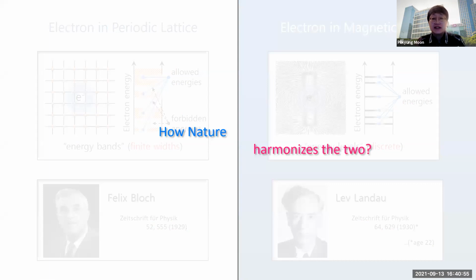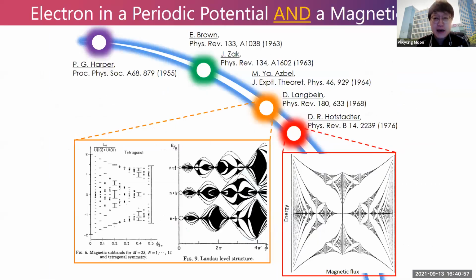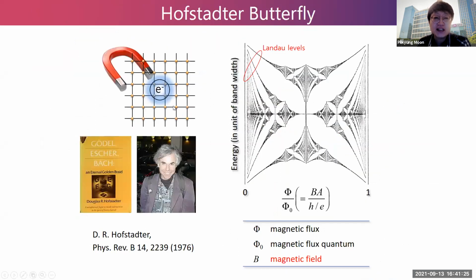In fact, this has been a topic of long debate and scientific inquiry since the early days of condensed matter physics. And people soon realized that something weird happens if we plot electron energy as a function of magnetic field. So it's not a simple Landau level spectrum. It looks very weird. In 1976, Douglas Hofstadter calculated the energy spectrum in a hypothetical rectangular lattice.